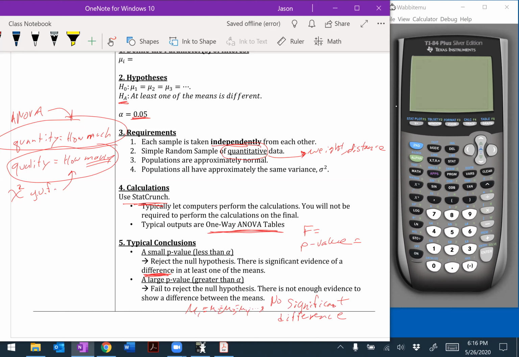Here, if we reject, that means there is a significance, it means at least one mean is different. At least one mean is different.